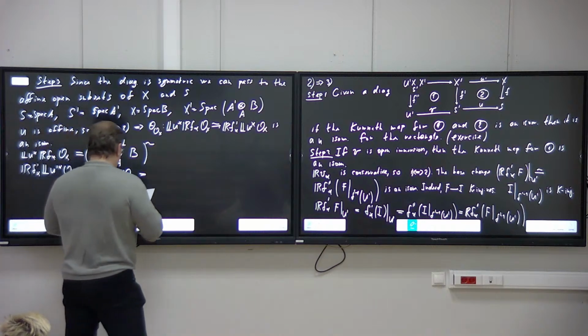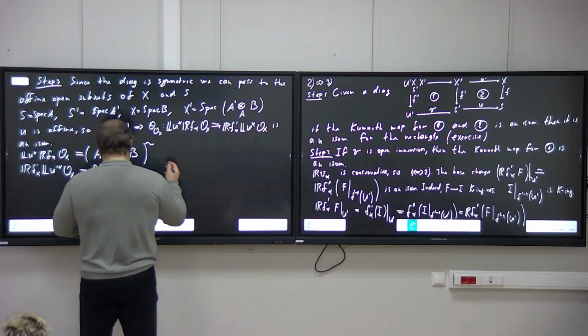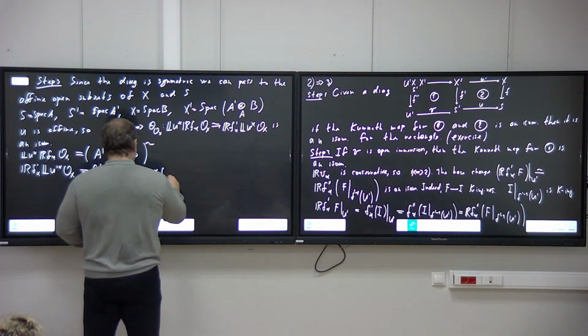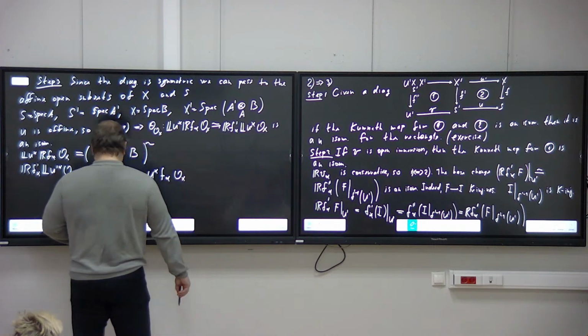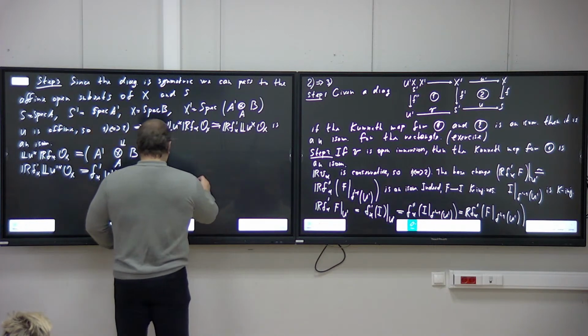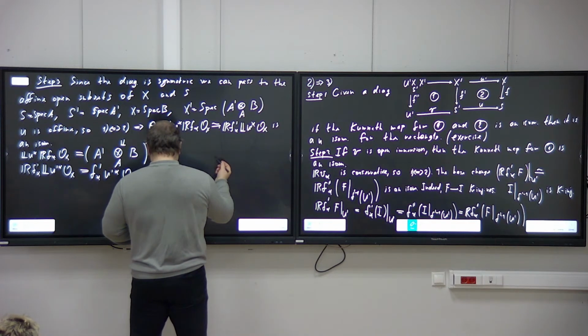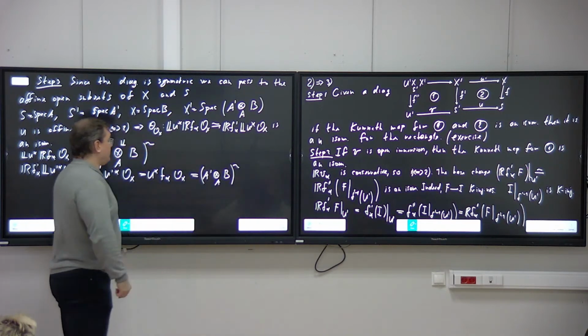So now I'm using again, for the structure sheaf, the underived base change that I also used last time. So this will be the u upper star, the pullback with u, composed with the pushforward by f, applied to O_X. But since everything is underived, I can write this as the same formula. So this is A prime tensor product over A with B, but this is not tilde, and this is not derived.